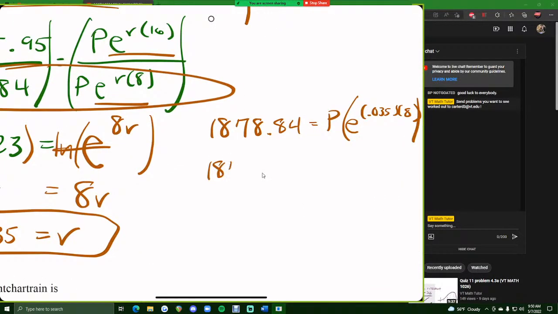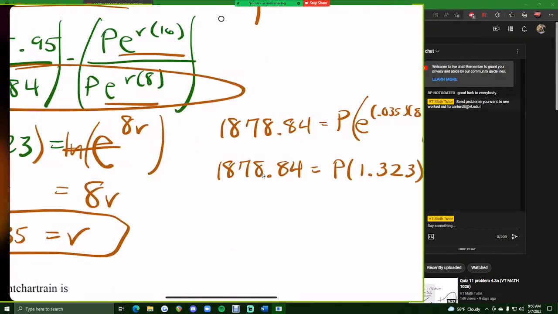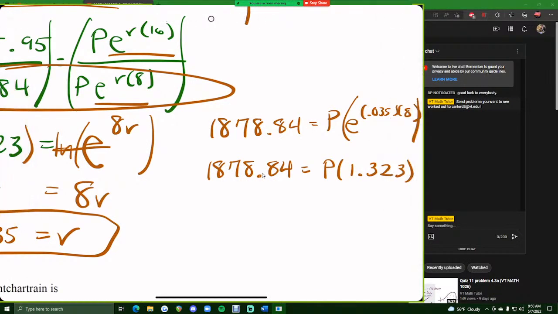So we have this, same deal on the left, equals P times 1.323. So really that whole E term is just a constant next to that P term. If you have a constant times P and you're trying to get P by itself, we just divide by that value to eliminate it.